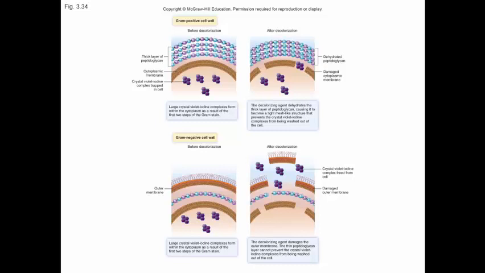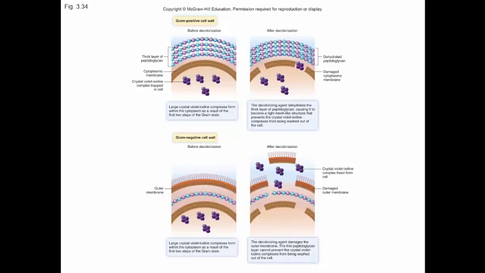The difference in the staining: the peptidoglycan layer plays a major role. With the alcohol treatment, the thick peptidoglycan layer dehydrates and retains the dye. The thin layer does not. It can't hold it, and therefore the first stain leaves. And you can see this in the gram-negative versus gram-positive after decolorization.